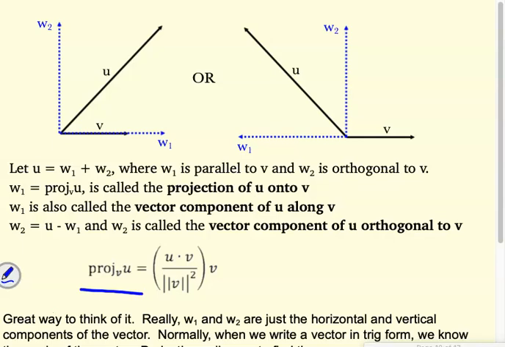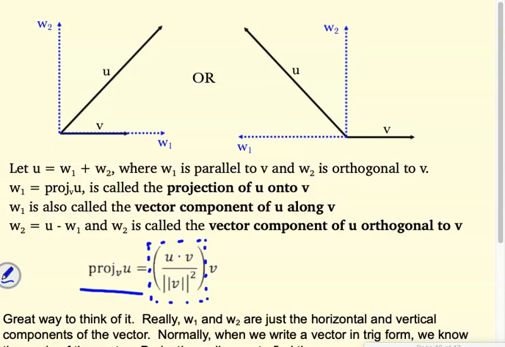So the formula is the dot product, U dot V over the magnitude of V squared, times V. This whole thing right here, that whole big thing, is a scalar. It's a number. U dot V is a number. Magnitude is a number. You square it, it's a number. So it's a scalar multiple of V, because V is a vector.